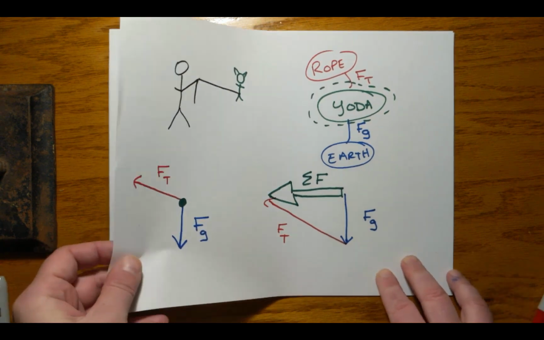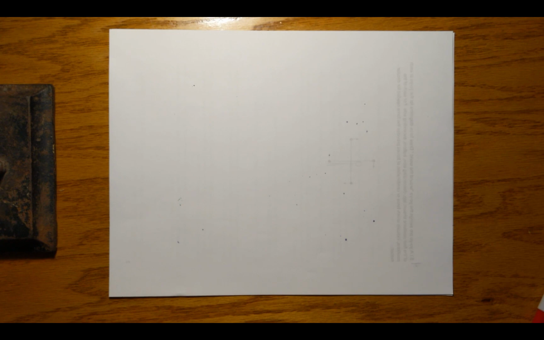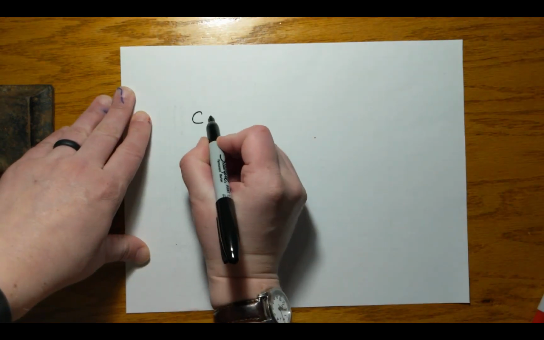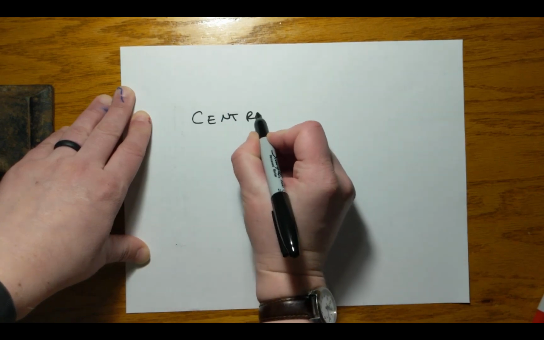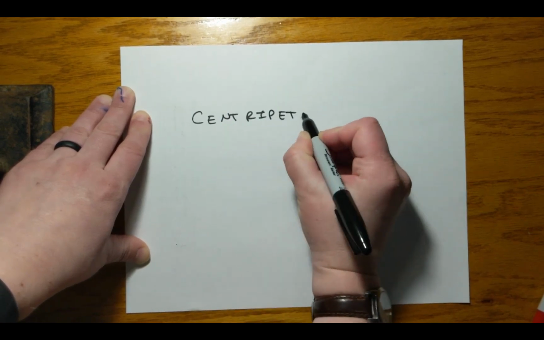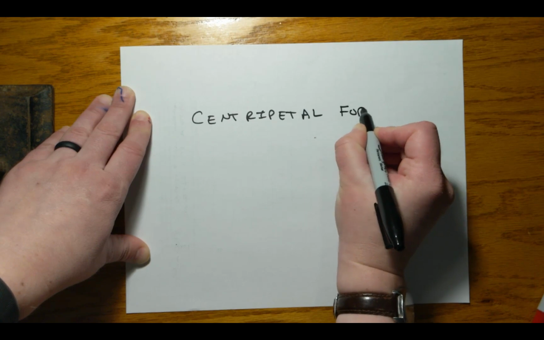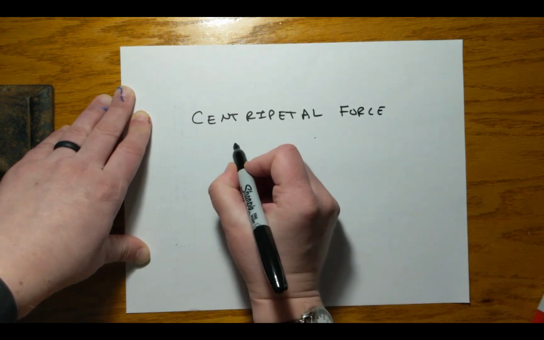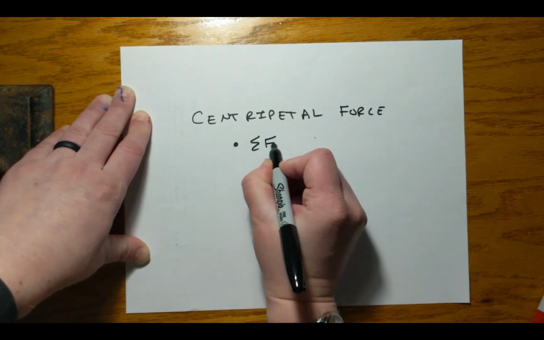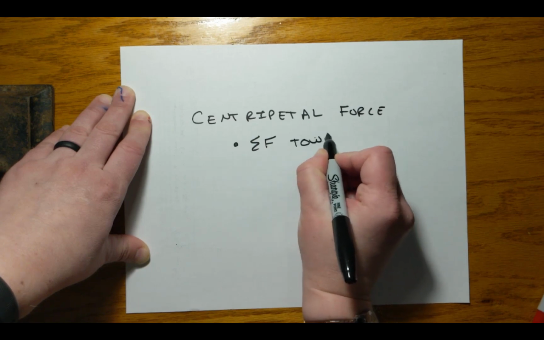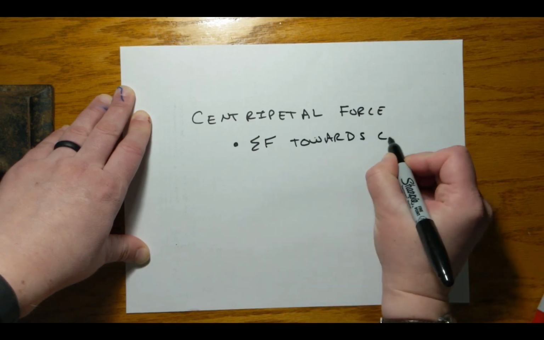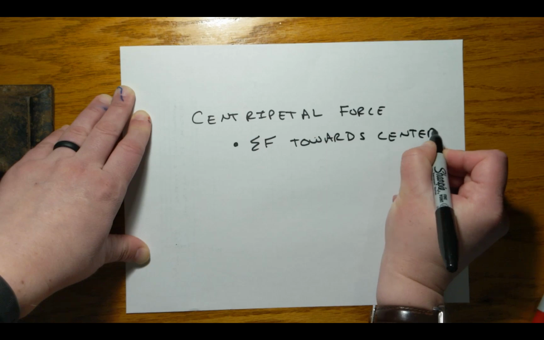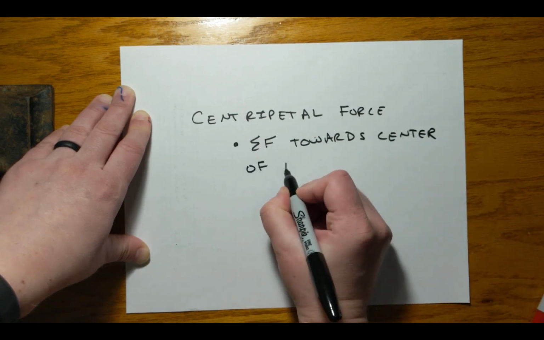Now, let's go ahead and get a definition. So when we have one of these central net forces, we're going to call it a centripetal force. So a centripetal force is just an F net towards the center of a circular path.